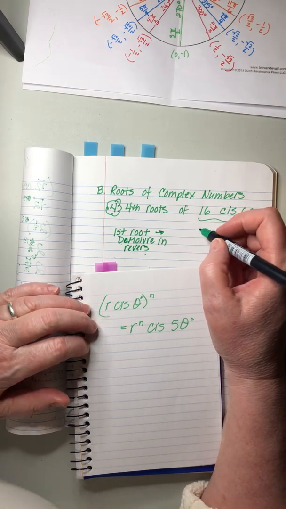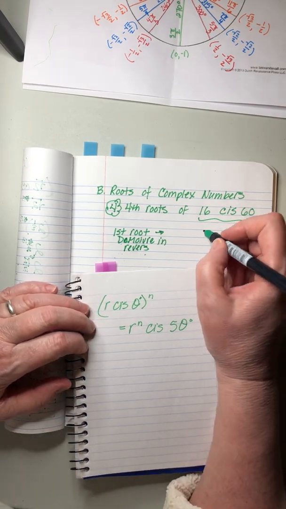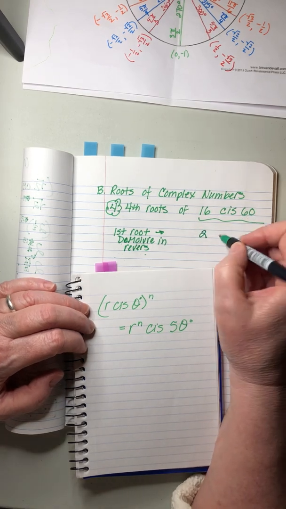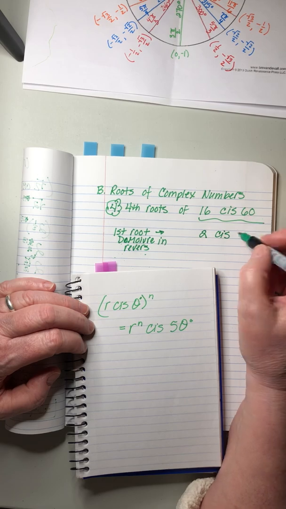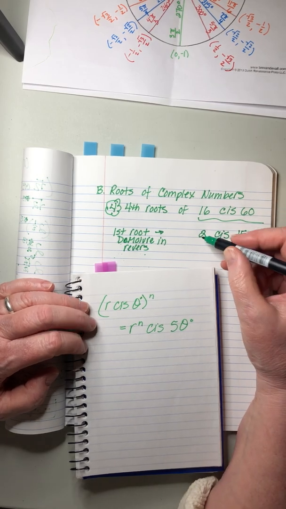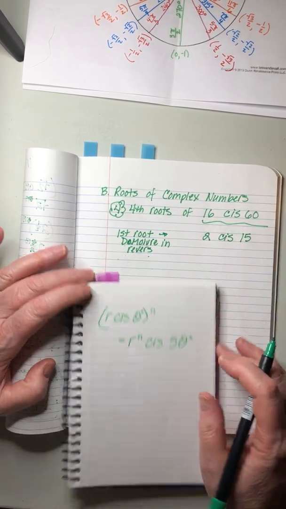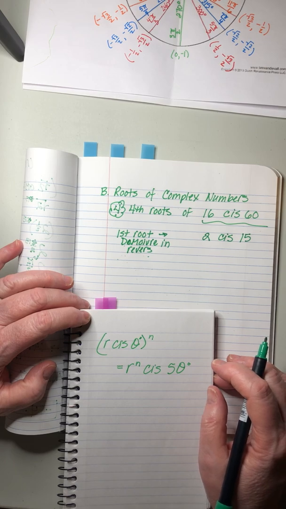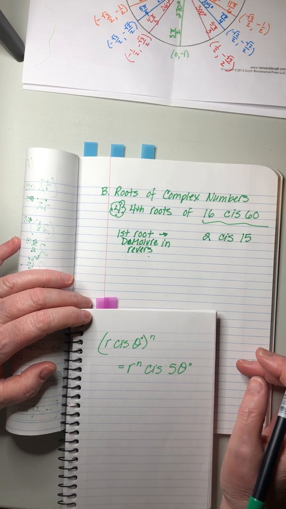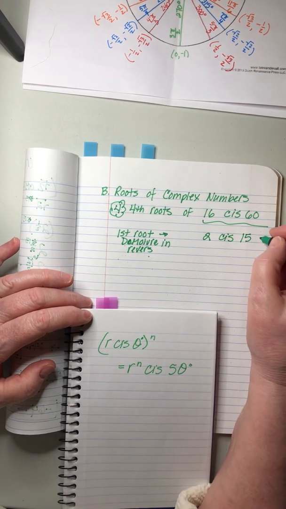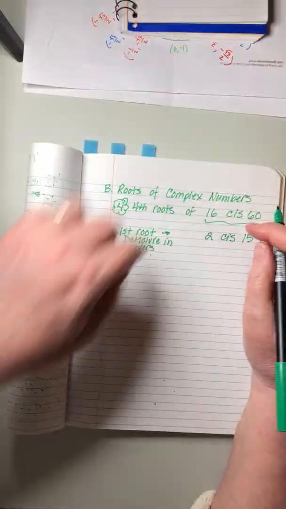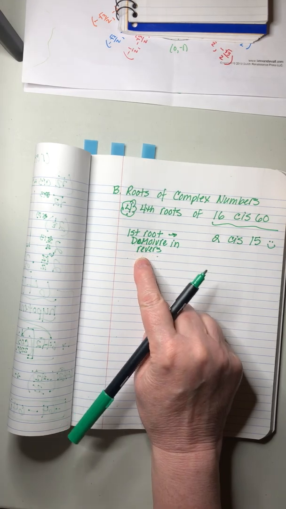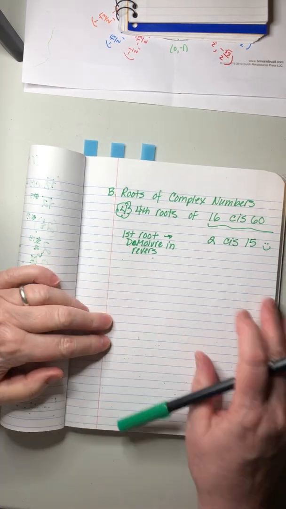Yes, so that is 2. And then for this number, we divide it by 4. So that would be 15, right? So this is the first of the 4 roots. Okay? That one is not too bad. That one's pretty easy, right? We just work backwards using what we already learned from our little friend Demoivre.